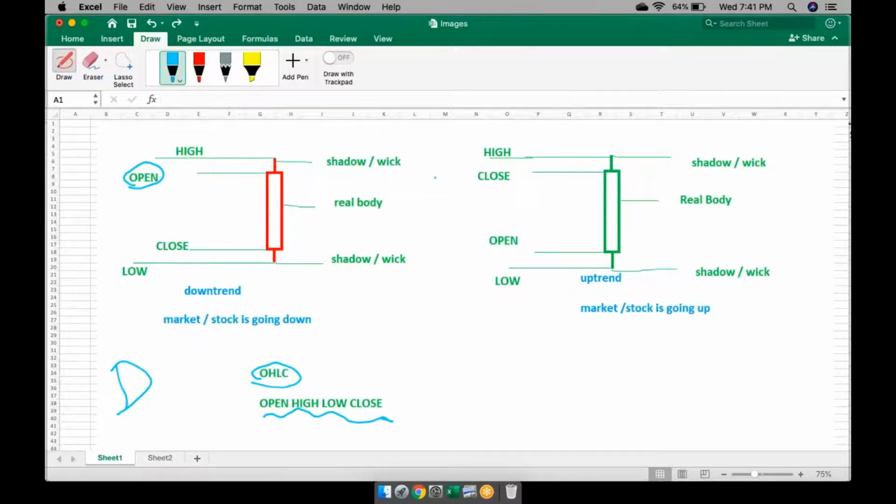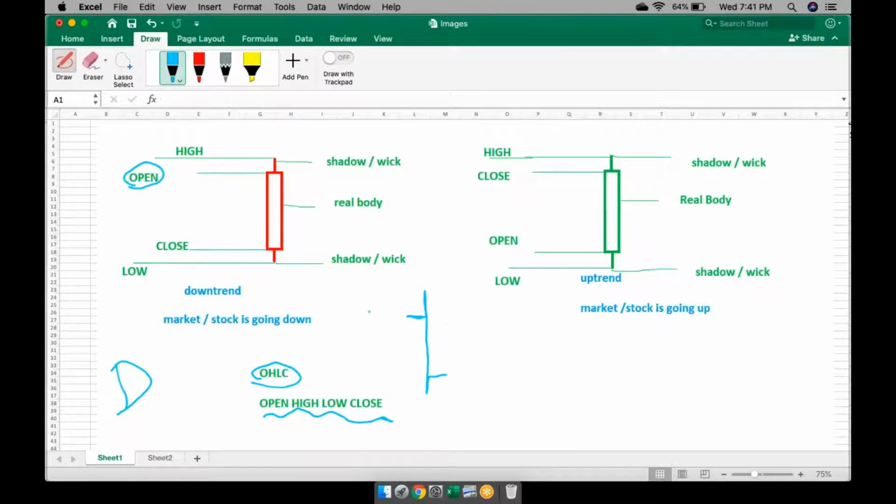Let me draw some indications to show an example. Market opened here, it went high till here, but could not sustain the high. Short selling came, everyone started selling, market came down, and again came a little up and closed here.